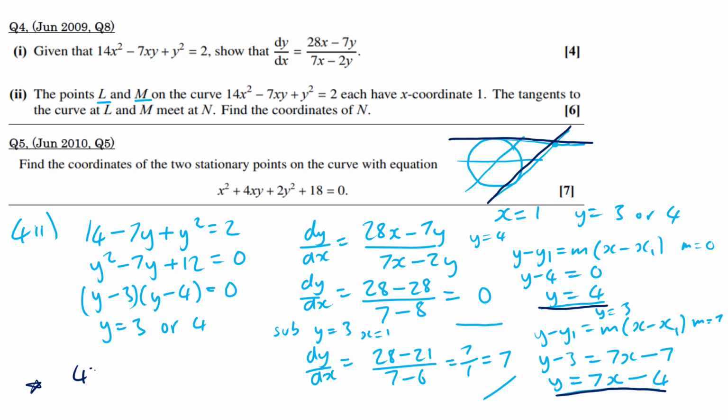So 4 equals 7x minus 4. So 8 equals 7x. So x equals 8 over 7, and find the coordinates of N. So that's one coordinate, x equals 8 over 7, and we already know y equals 4 there because of this point here.